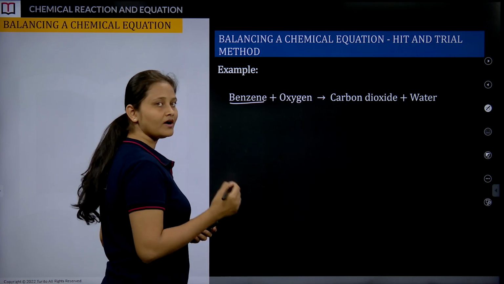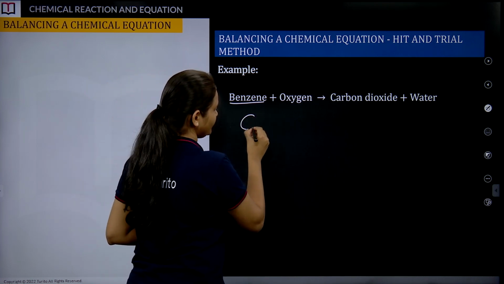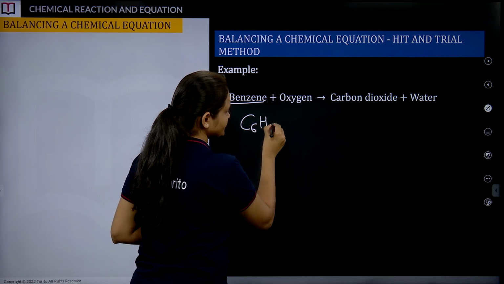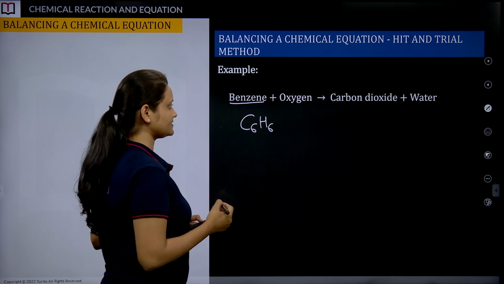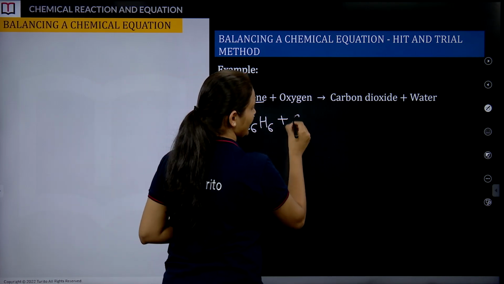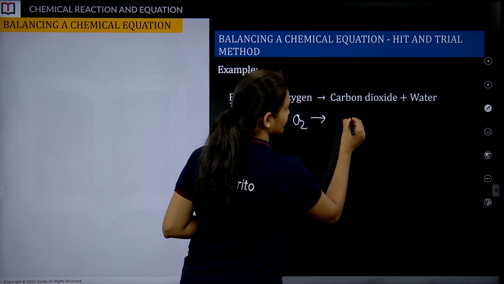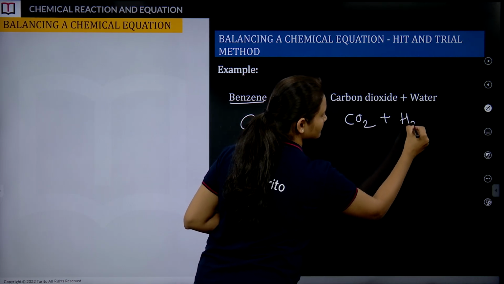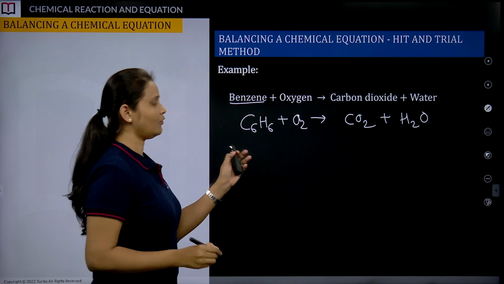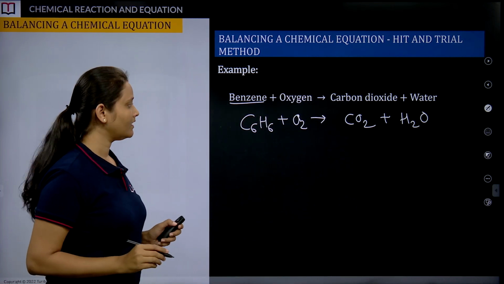It's nothing but hydrocarbon, C6H6, okay. So number of carbon will be 6, hydrogen will be 6. Again it is reacting with oxygen giving you carbon dioxide along with water. This is what our equation looks like now.